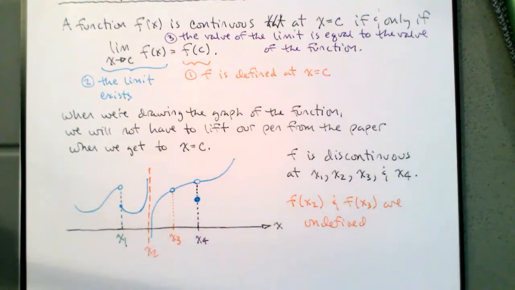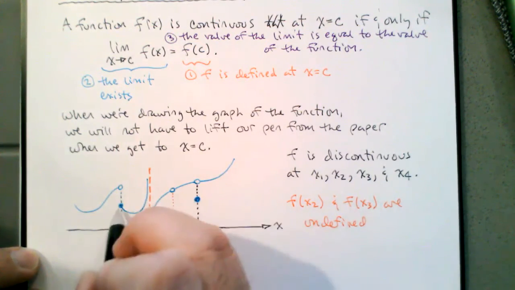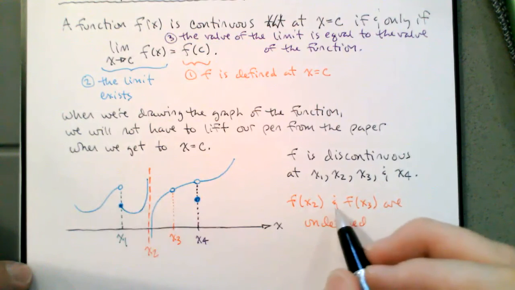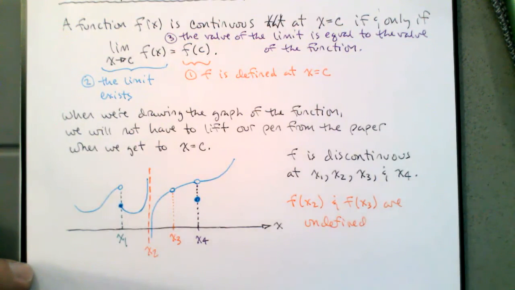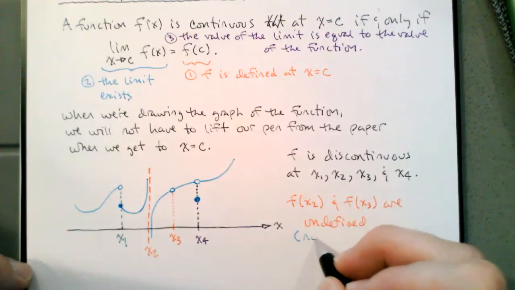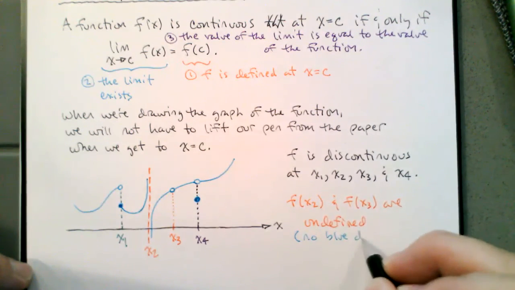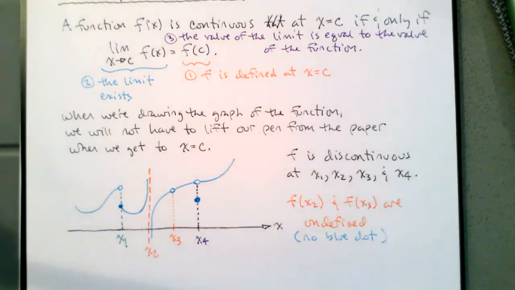Note that f at x1 and f at x4 are both defined. So f of x2 and f of x3 are both undefined. There's no blue dot at x2 and x3. Notice that f of x1 and f of x4 are both defined.